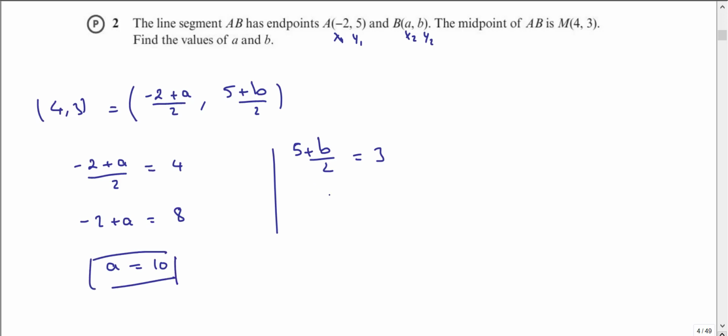And here 5 plus b equals 6, cross multiply, because 2 times 3 is 6, so b will be 1. Perfect, this is your answer. Very good.